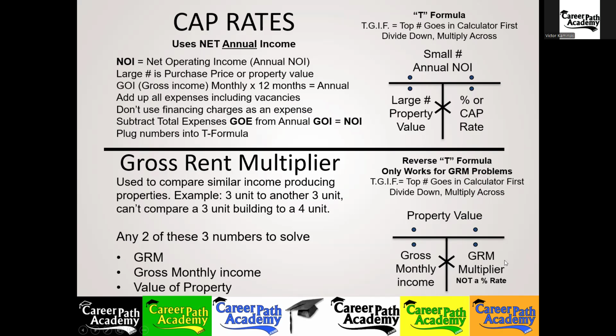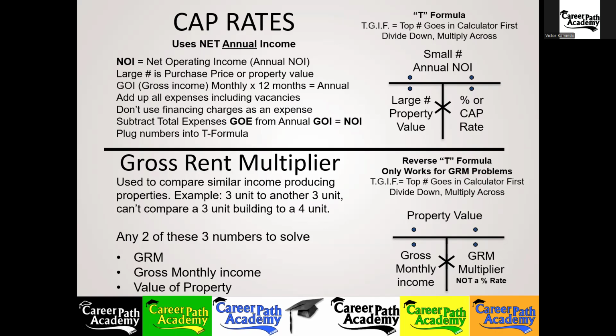It's a whole number. Now, a multiplier, is there a good GRM or a bad GRM? No. It's pretty much an insignificant number. It's just a number that's applied to a property, and then you could use it to compare it to another property. There's no such thing as a good GRM or bad GRM.